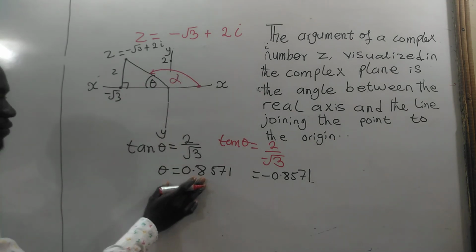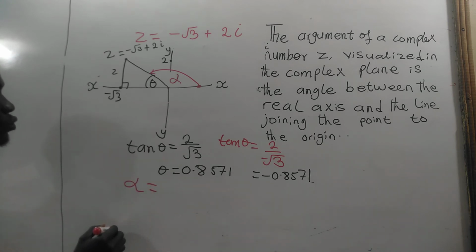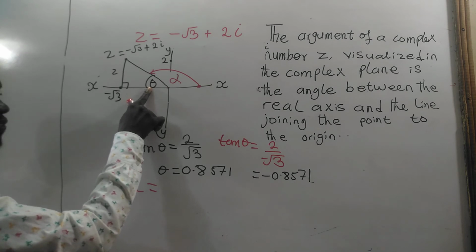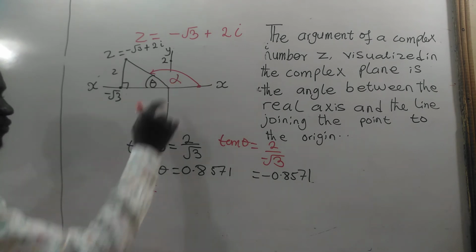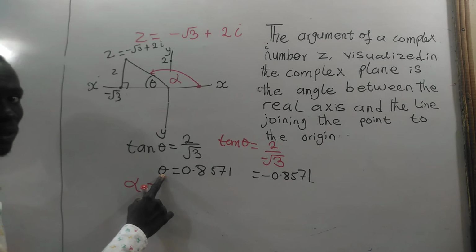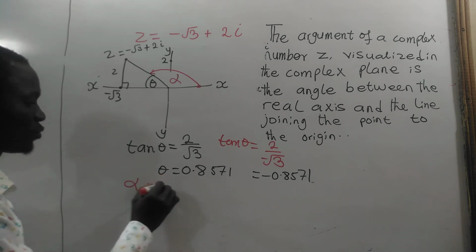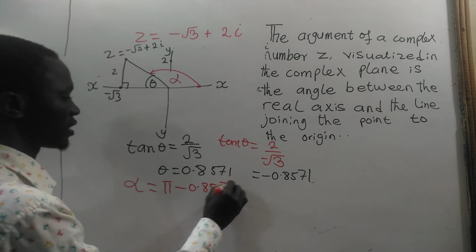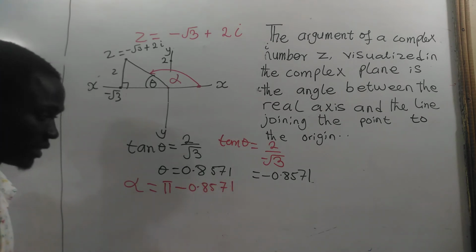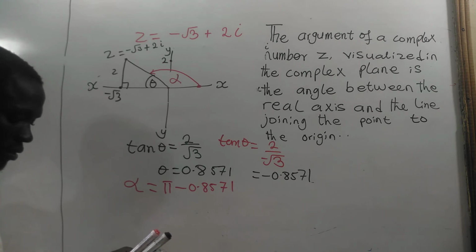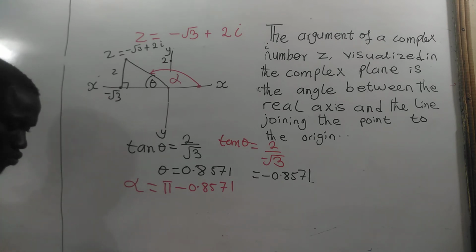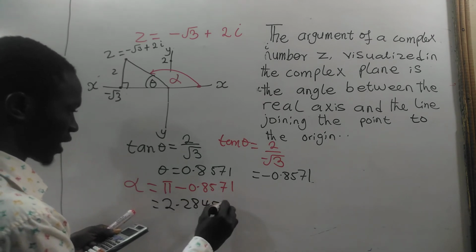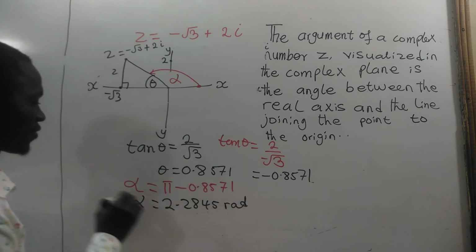So if we take this path, we are going to take alpha to be equal to, now here, alpha plus theta will give us 180. So if I want alpha, I will take theta from 180, or pi. So here alpha will be giving us pi minus 0.8571. And then here we are going to get 2.2845 in radians as alpha.